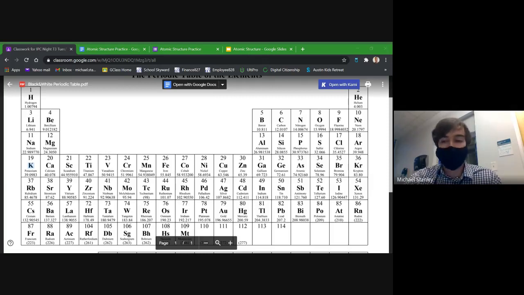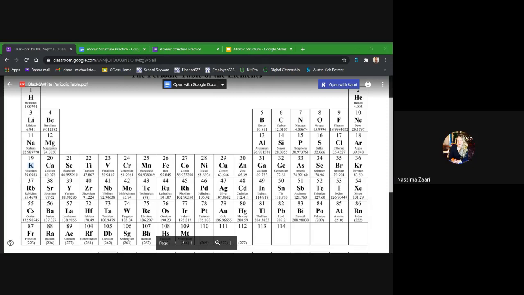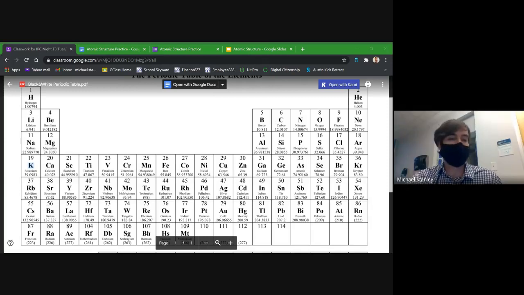Let's do it in the reverse order this time. So how many electrons are in potassium? 19. 19, exactly. The atomic number is 19, so that means that we're going to have 19 electrons.